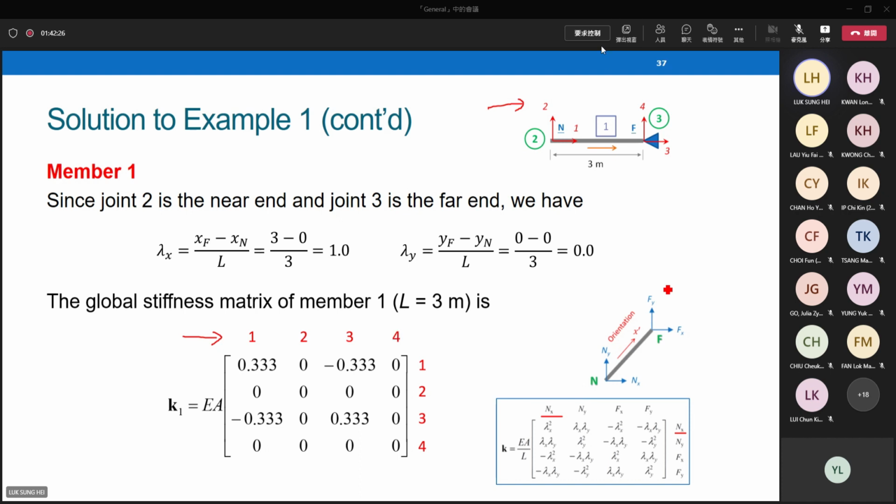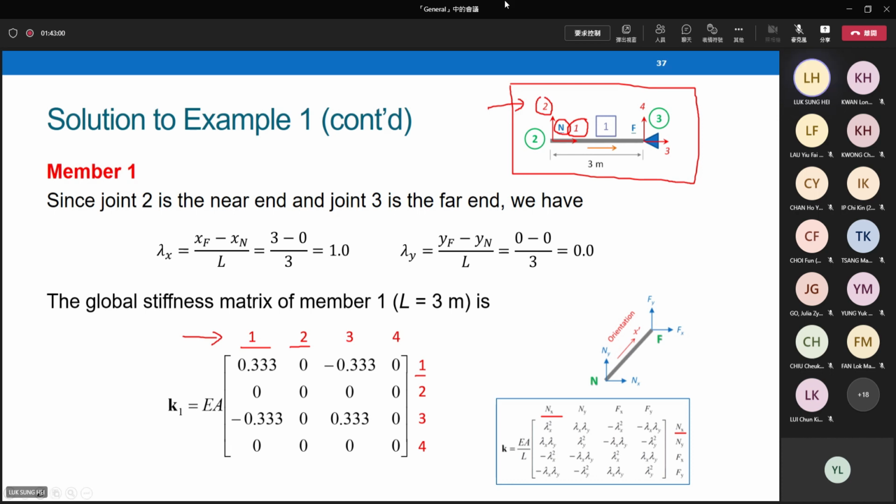According to our code number diagrams, the near end x direction, the code number is equal to 1. That's why for the first row, first column, the index is 1. And then ny, the number is 2. And so on. Each element has its own index, reflecting its position and direction. 1, 2, and 3, 4.